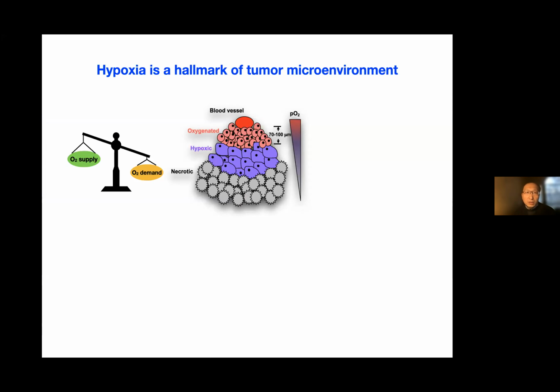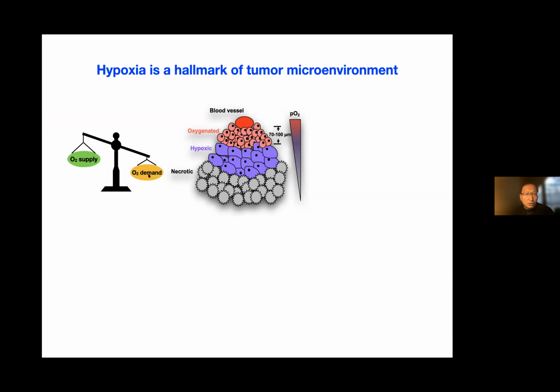The solid tumor is hypoxic, which is due to an imbalance of oxygen homeostasis. The cancer cells grow rapidly and consume a large amount of oxygen. On the other hand, the blood vessels within the tumor have a reduced ability in oxygen delivery and diffusion.